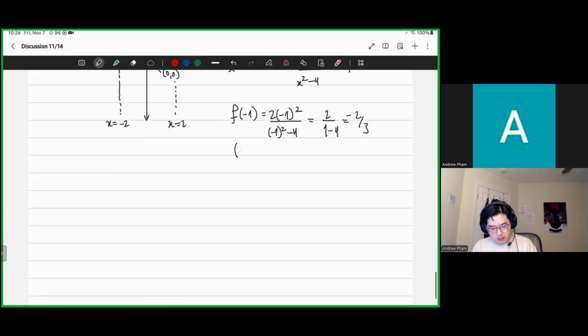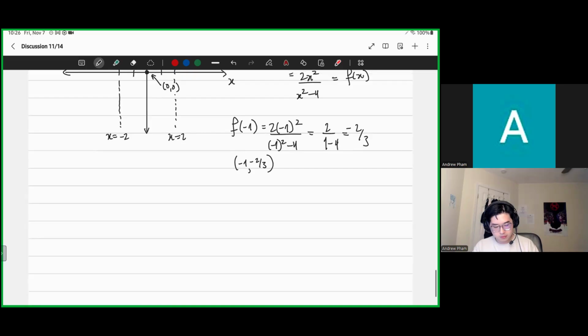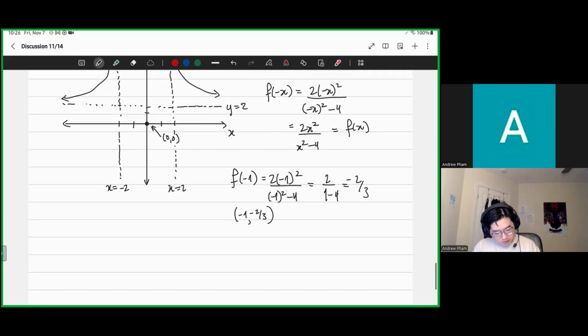So that means I have a point at minus 1, minus 2 over 3. Where can I plot that? Negative 1 is right here, and 2 over 3, if this is 1, is a little bit less than 1. So this is my point at minus 1, minus 2 over 3.